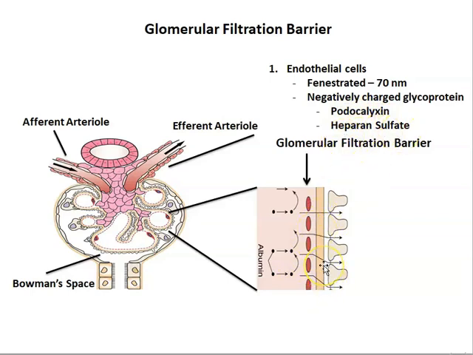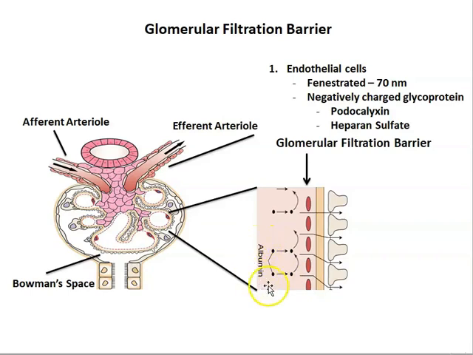These are very important features as they don't allow plasma proteins to diffuse through the filtration barrier. Since there are negatively charged molecules within the endothelial cells, they repel plasma proteins, which are also negatively charged.